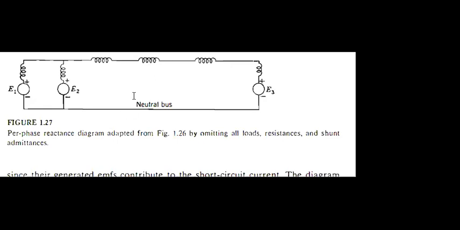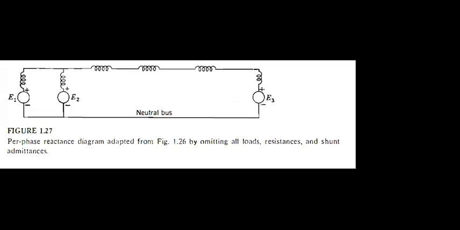So by this time I think you have got the idea clear, right? What do we understand by the different diagrams, from the general information of the single line diagram to the per unit impedance or reactance diagram?